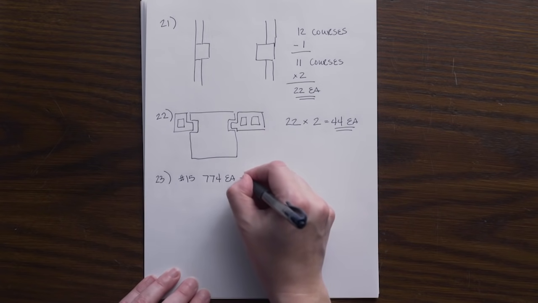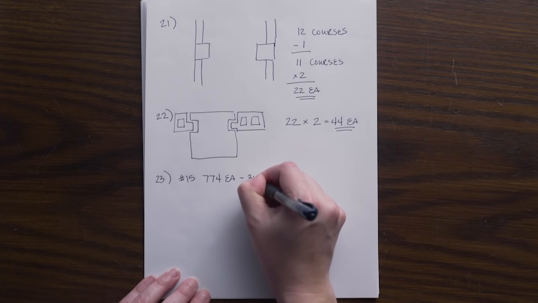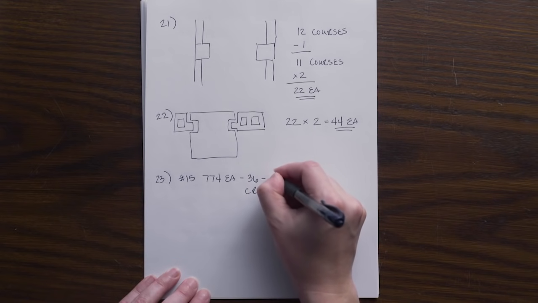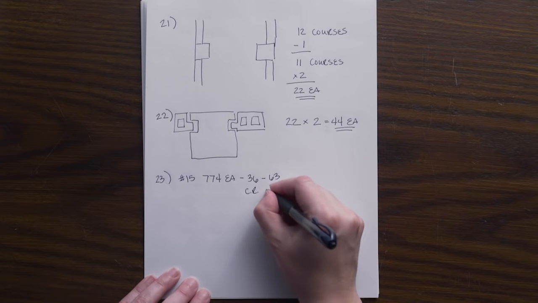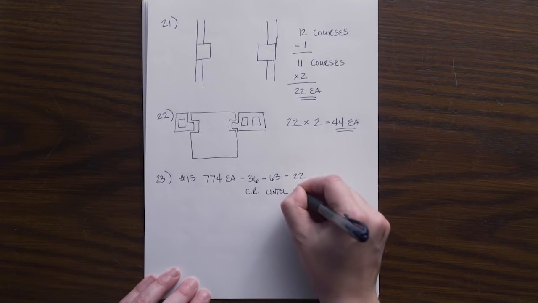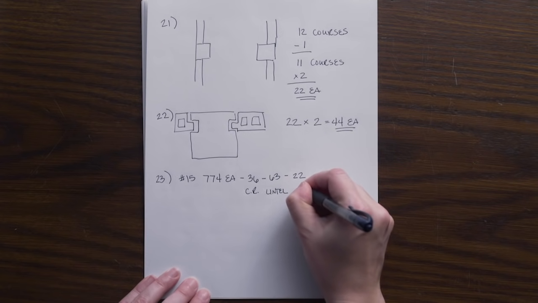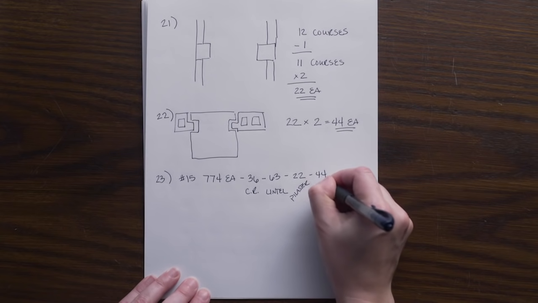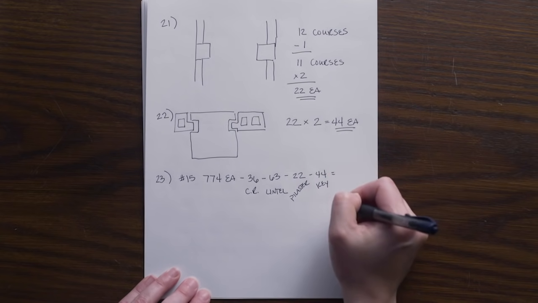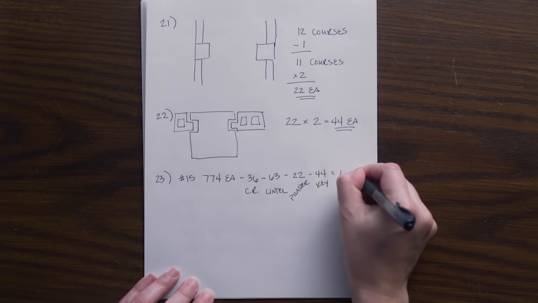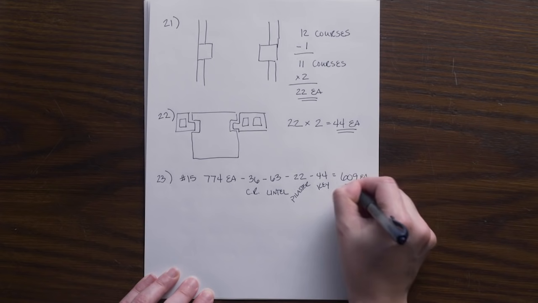We can subtract out the 36 corner returns that we have determined, the 63 lintel block, the 22 pilaster, and the 44 key blocks. Once we subtract all of those out, we come up with 609 of our stretcher block.